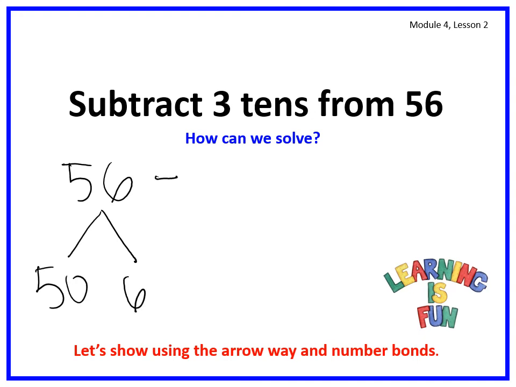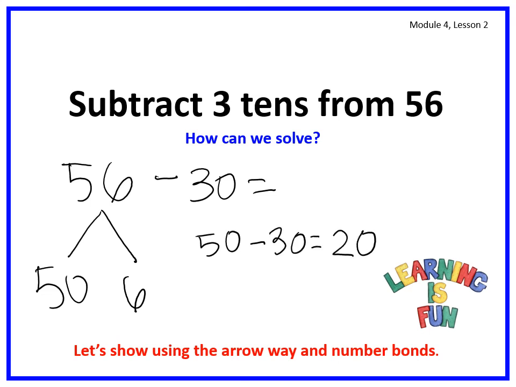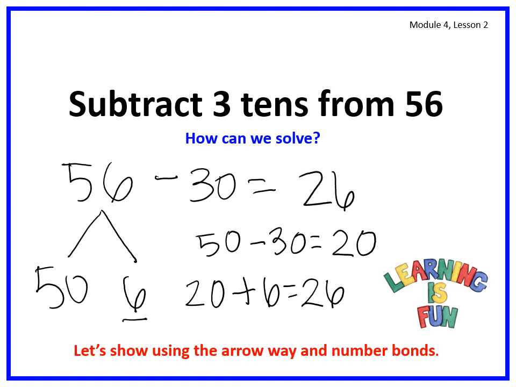Then I need to subtract 30, or 3 tens. So I say 50 minus 30 equals 20. And then I still have that 6 left over, so I say 20 plus 6 equals 26. So the answer to 56 minus 30 equals 26.